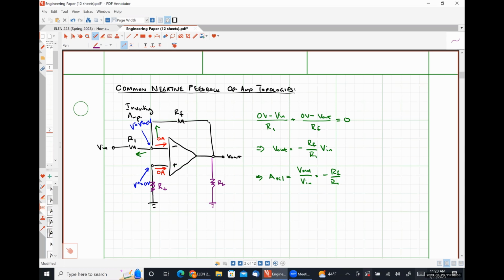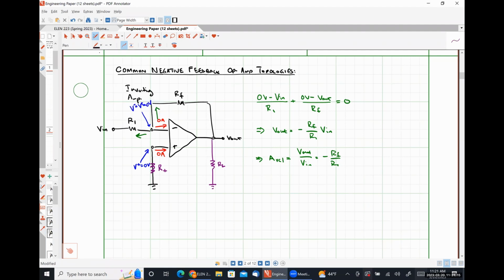We get both of these at the expense of our output signal always being 180 degrees out of phase with our input signal. Okay. So we're always changing the sign of whatever our input signal is and then scaling it by some amount given by the resistors.